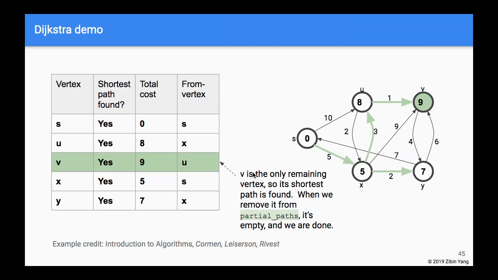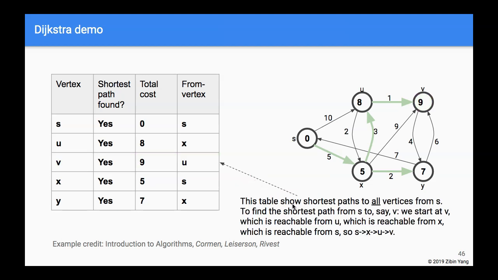Now this table shows the shortest path from S to all the vertices. In order to find the shortest path from S to a particular vertex, such as V, looking at this table, we kind of go backwards.